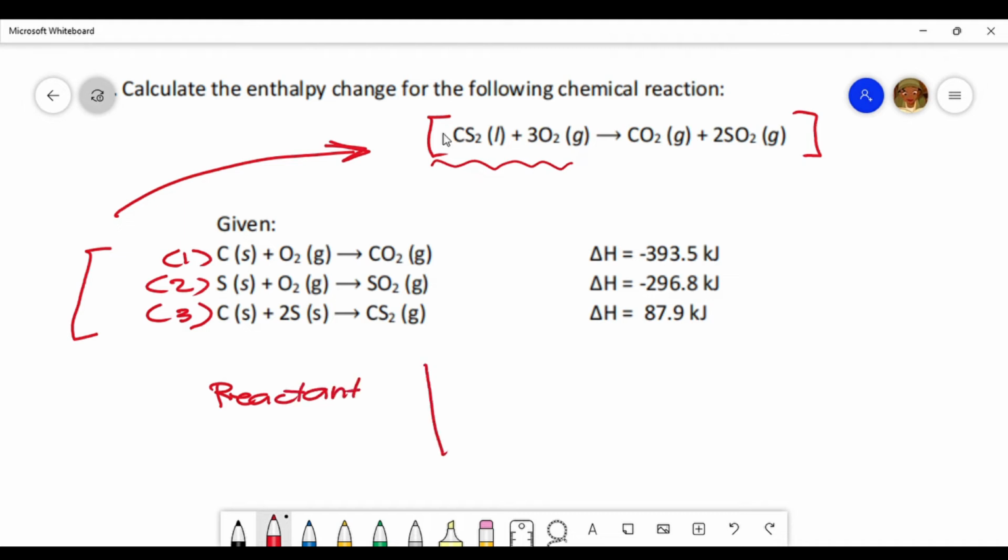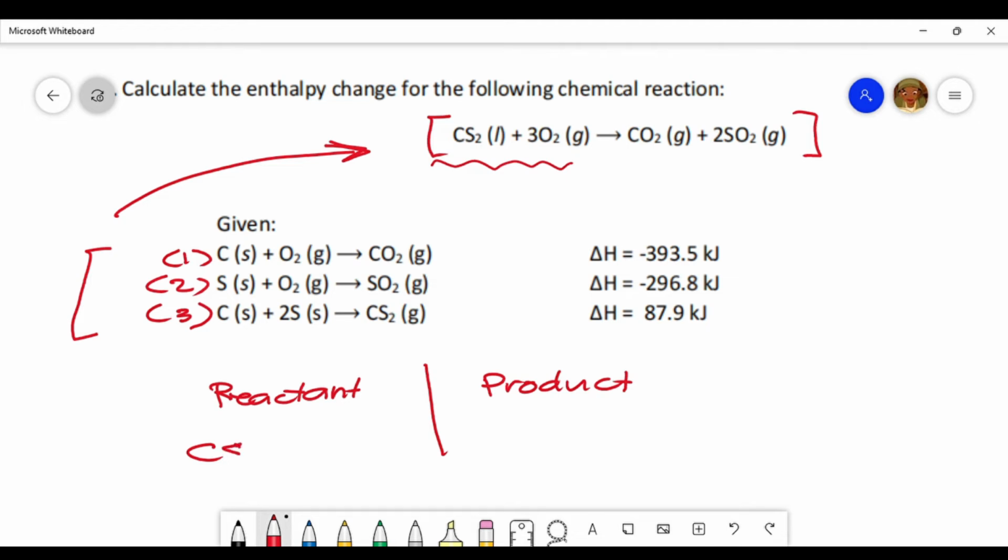So in our reactant side, we want these elements here, and in our product, we want these compounds.